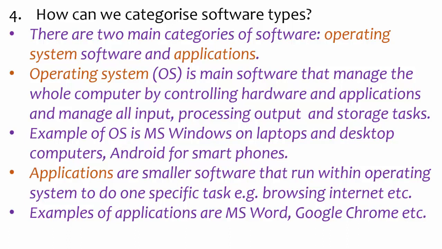And it will also assist the applications to save documents to the hard drive. So when you are asked the examples of application, there are many like MS Word, Google Chrome, MS Excel, PowerPoint. All those are examples of applications.